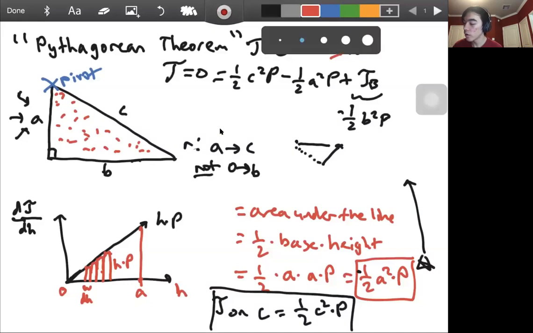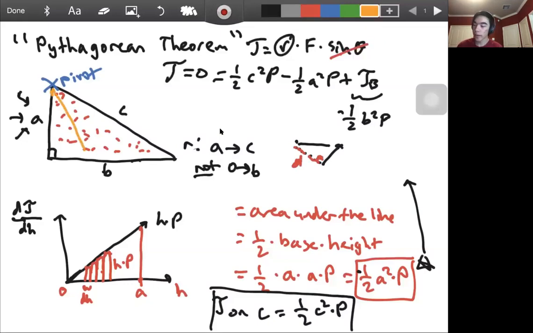Like we can use this radius instead of the actual radius, and we can get rid of the use of sine theta. So if we apply this to this example, our radius will be something like this, and our force will be something like this.